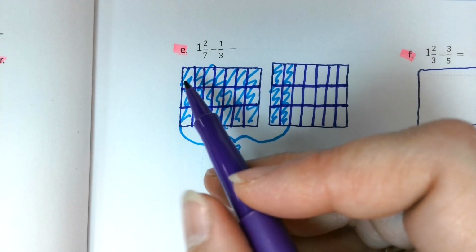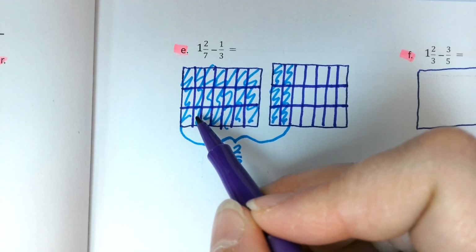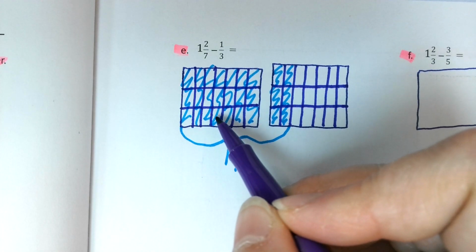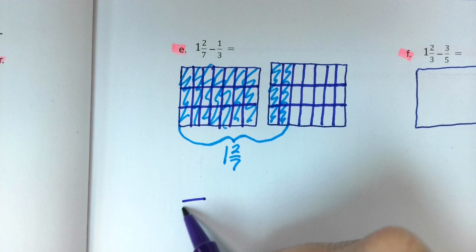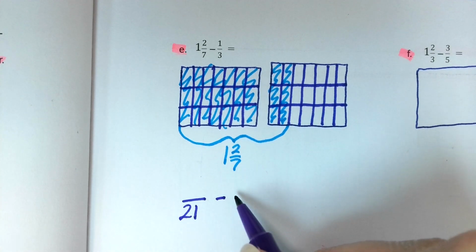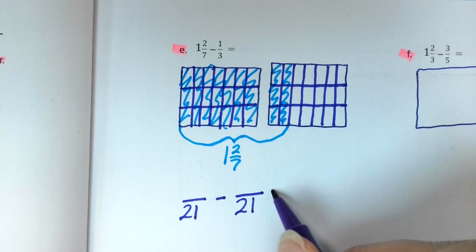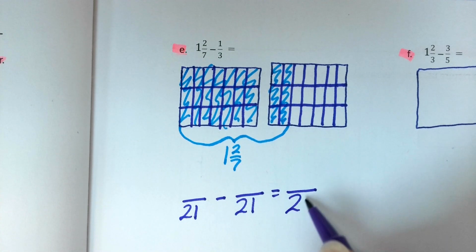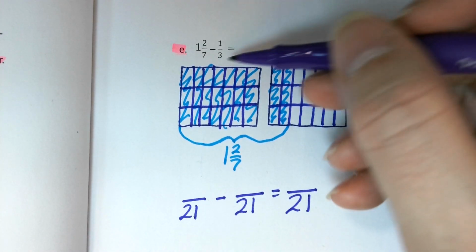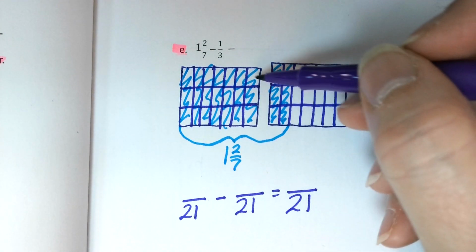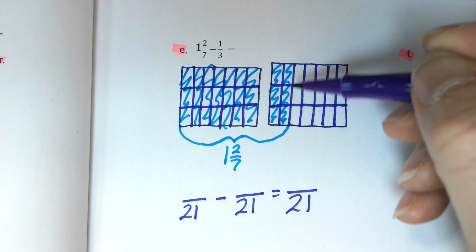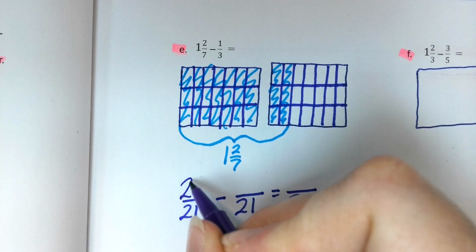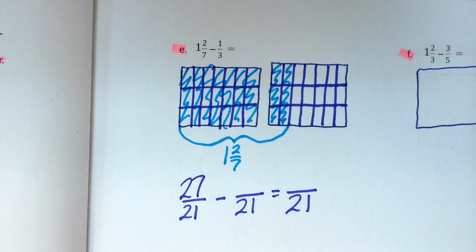So let's go back and make sure we count. 1, 2, 3, 6, 9, 12, 15, 18, 21 is my new fraction denominator, and that does not change across. How many do I have shaded? I have 21 here, 22, 23, 24, 25, 26, 27, 27 twenty-firsts.